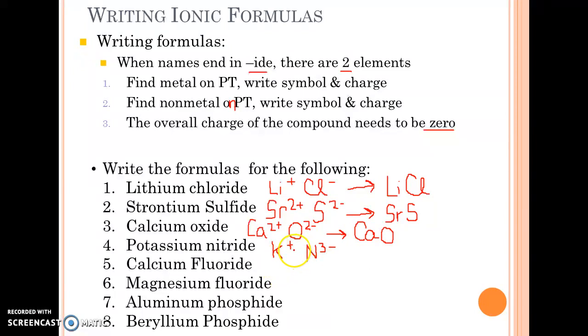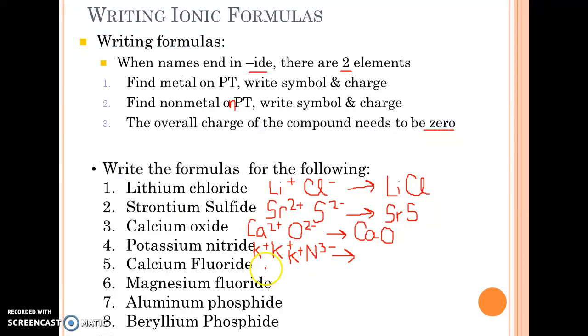So if I look here, the easiest thing for me to do, so I have +1 and -3. Well, if I put a couple more potassiums in here, so I have a potassium with a +1 charge, and I put another potassium in here, and it also has a +1 charge. Now our charges equal 0. 1 + 1 + 1 is 3. -3 equals 0.